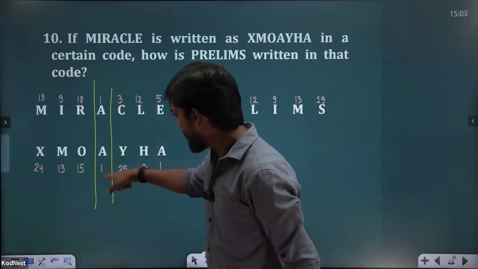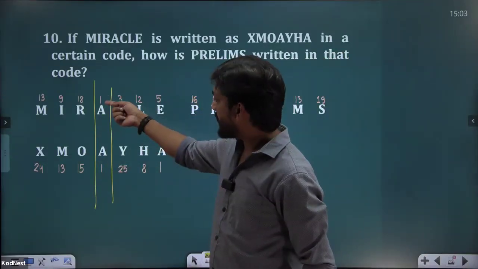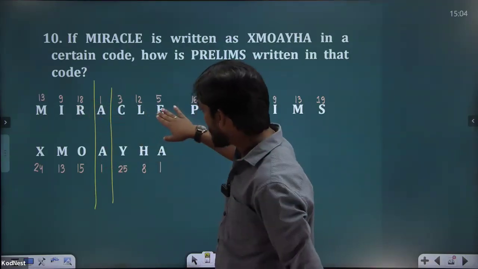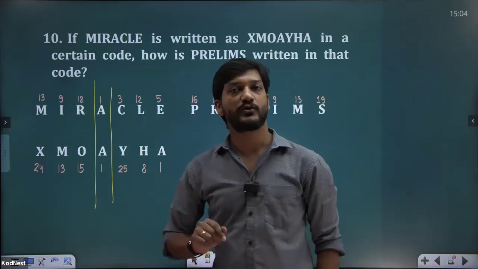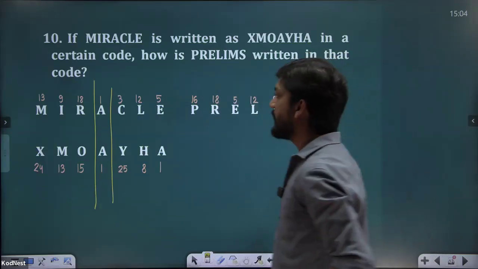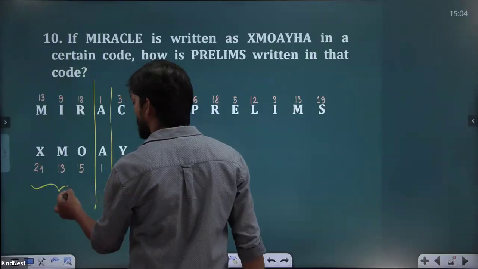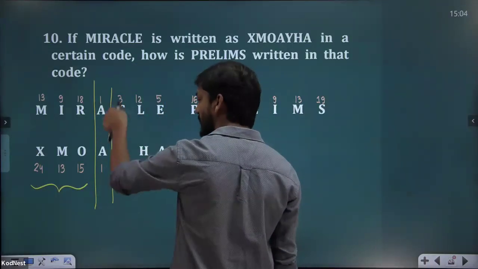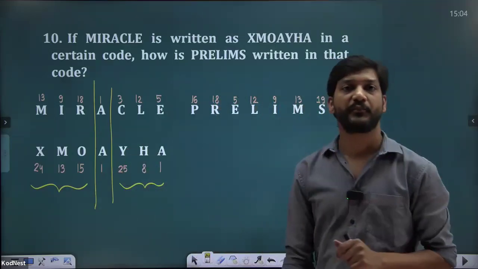Whenever the middle letter has no change and 7 letters are there, so there is a middle place also. In that case, I'm saying that left part you see separately, right part you see separately.